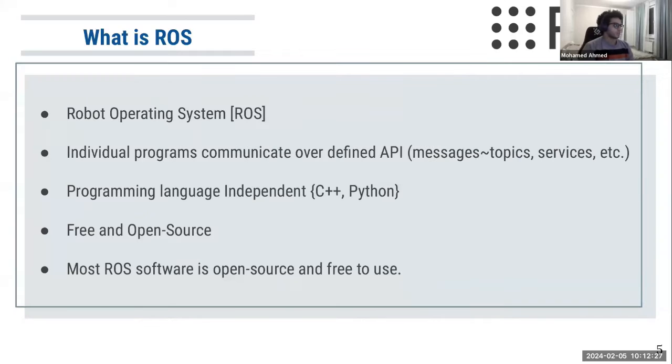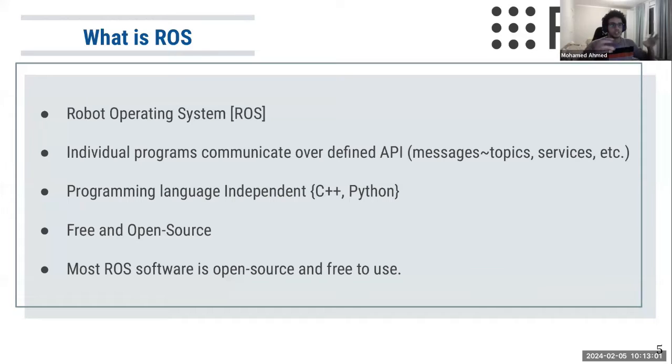So what is ROS? ROS stands for Robot Operating System. That's kind of true. An operating system is like Windows or Linux, which we use as users. But under the hood, there are a lot of operations being done which we don't know anything about, like how a process executes, which one should be first and which second.